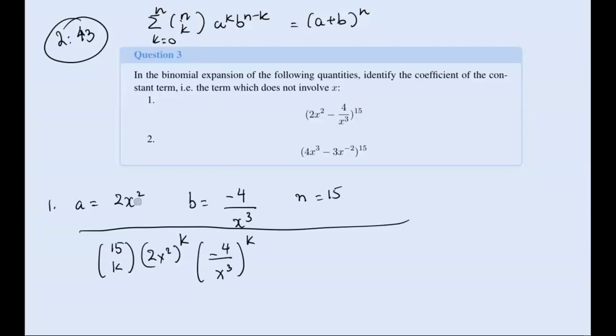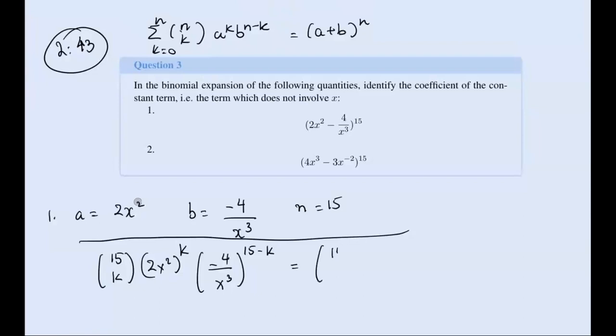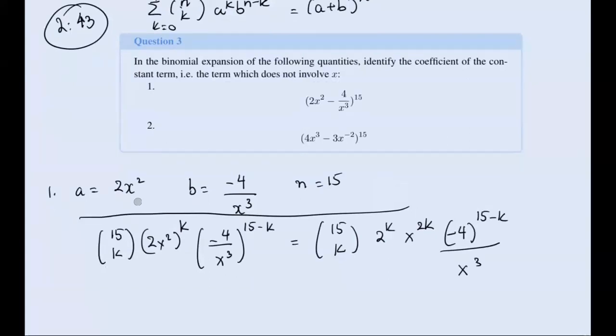Isn't it to the power of 15 minus k? Oh, yes, yes. Thank you. It is 15 minus k. That's correct. And we are looking for the constant term, which means that we don't want it to involve x at all, right? So if we write this out more explicitly, in case you cannot see it, we will have x to the power of 2k and then negative 4 to the power of 15 minus k, x to the power of 3 multiplied with 15 minus k.